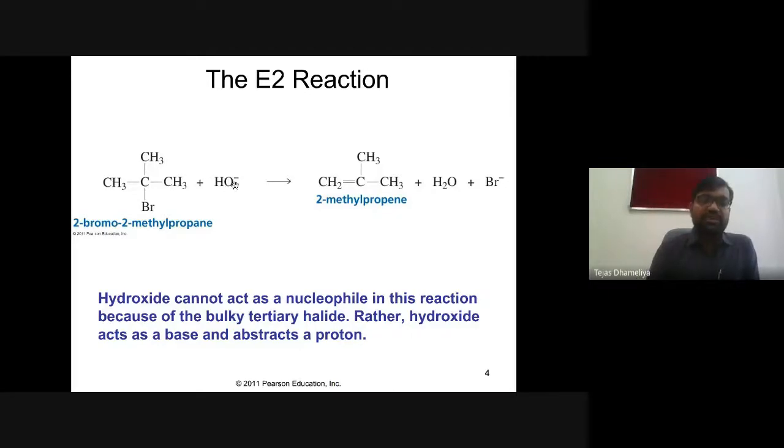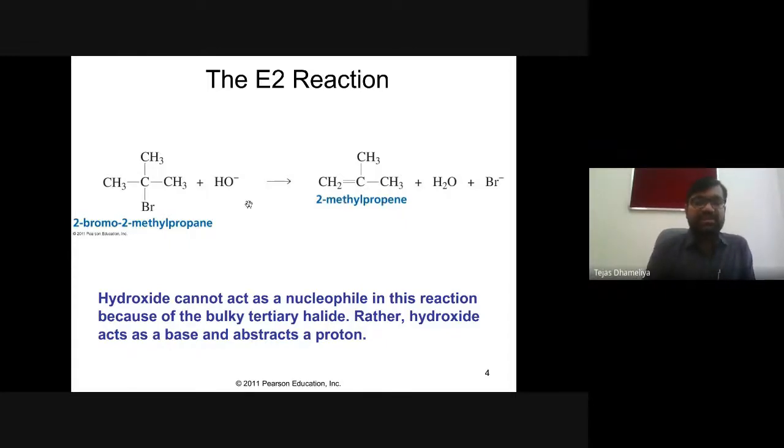Once we have this OH minus and this tertiary butyl bromide, the adjacent carbon may lose the proton and this halogen. So there will be formation of water, Br minus, as well as the alkene. Very soon we will also jump to the reaction mechanism of this.